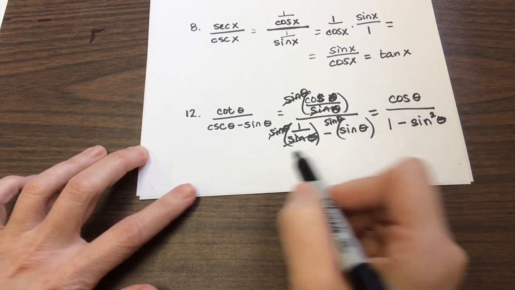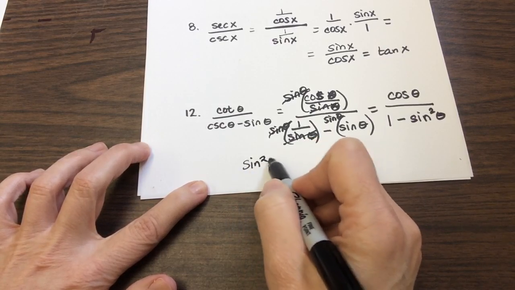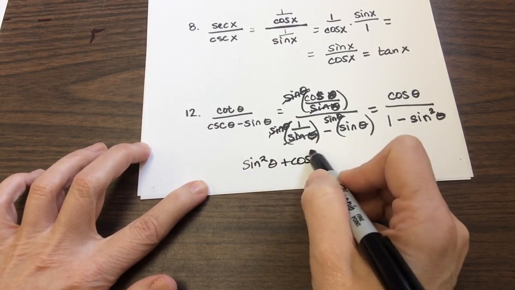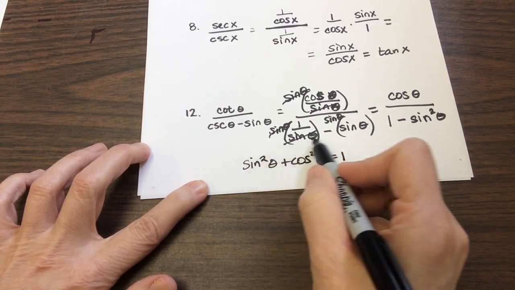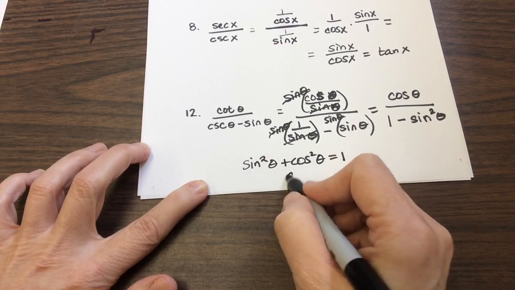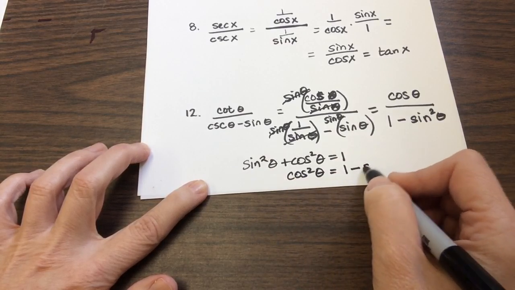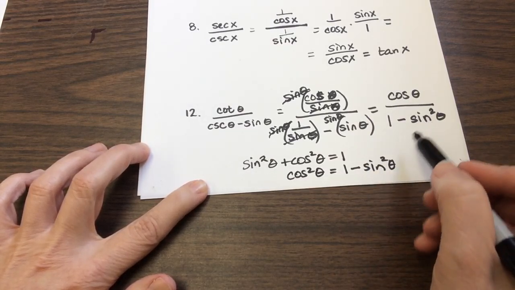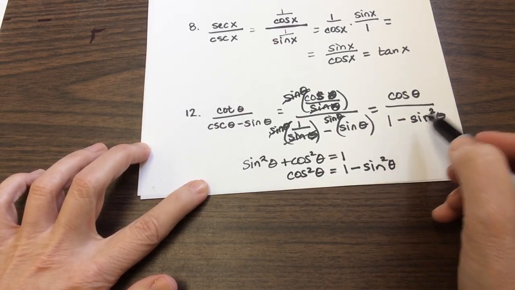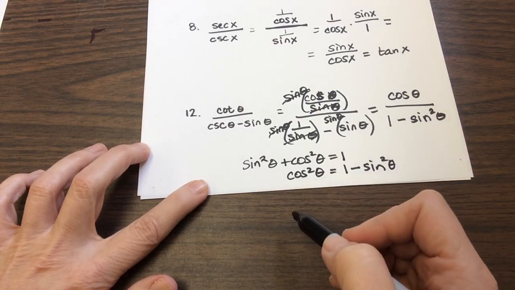Well, remember that sine squared plus cosine squared equals 1. If I subtract sine squared from both sides, that means that cosine squared is going to equal 1 minus sine squared. Well, that's what I'm looking at right there. I'm looking at 1 minus sine squared, which I can write as cosine squared theta.